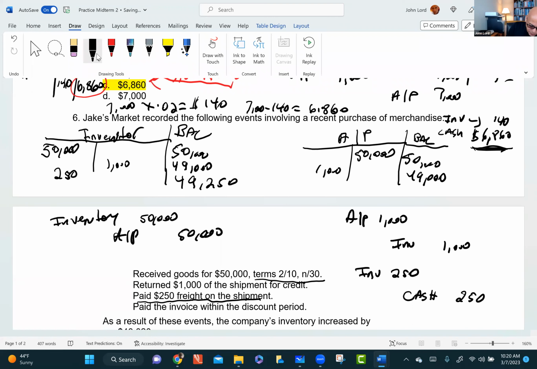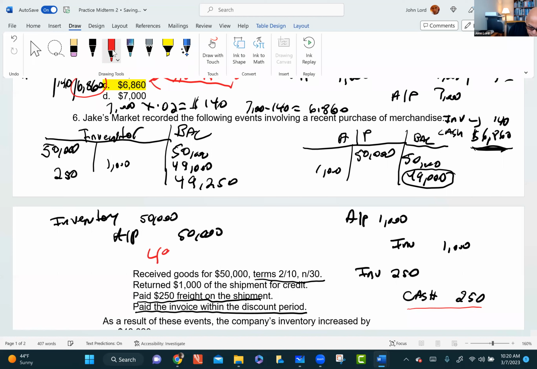And then if I pay the invoice within the discount period, what happens? The amount I'm still owing is the 49,000, isn't it? You don't calculate the discount on the amount that's in inventory. The discount is calculated on what you owe the person. I paid the driver 250 cash, so I don't owe that anymore, but I still owe the 49,000.